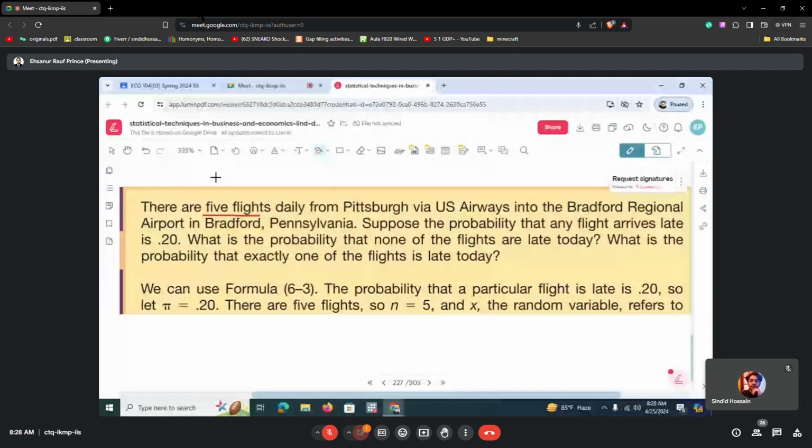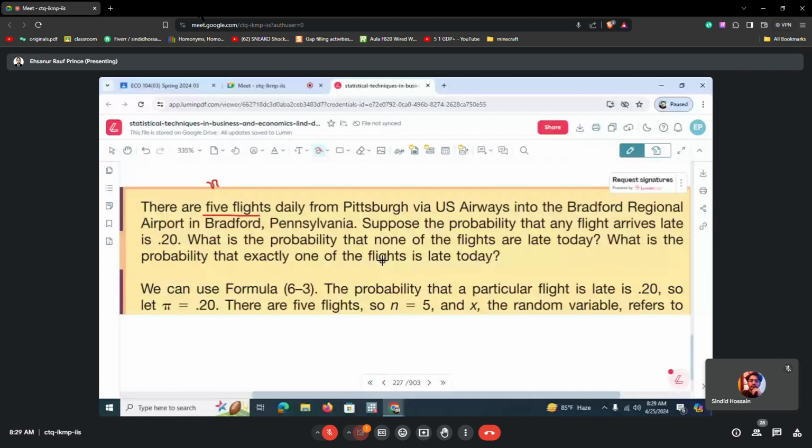What is this value? This is the value of n, the total number of trials. There are 5 flights available daily from one airport to another, so the value of n is certainly 5. The number of trials would be 5.